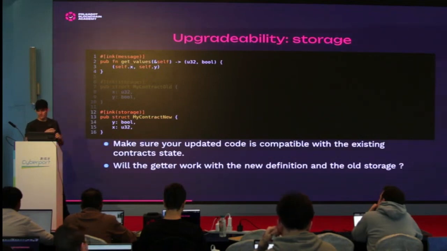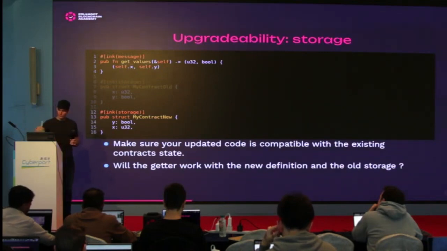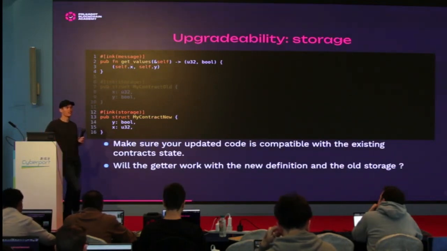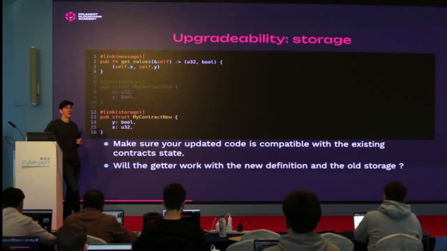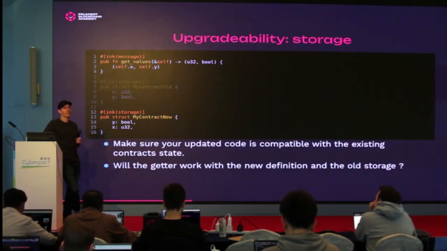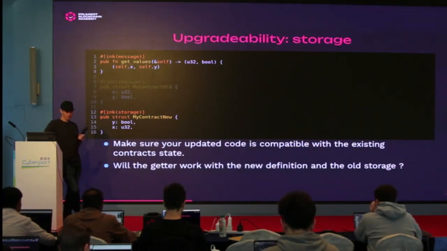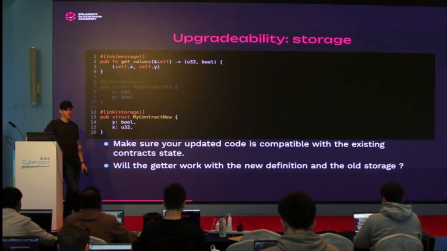We had a question? Yes, one question. If X and Y are both the same type, and someone swaps their places in the structure, this could be compatible but do something different than expected.